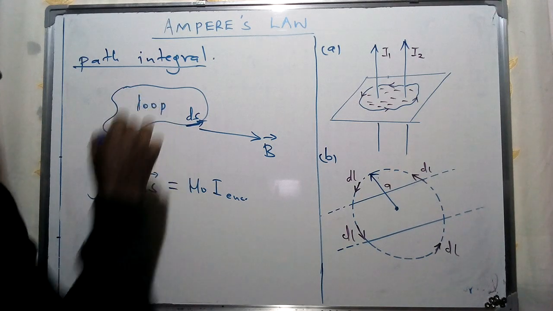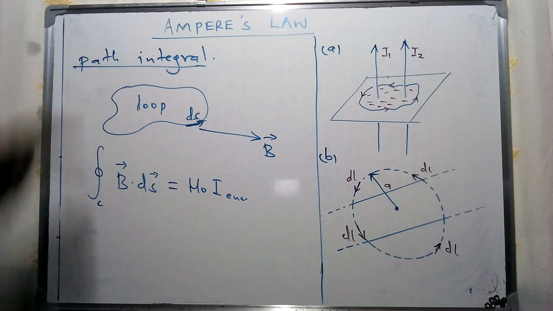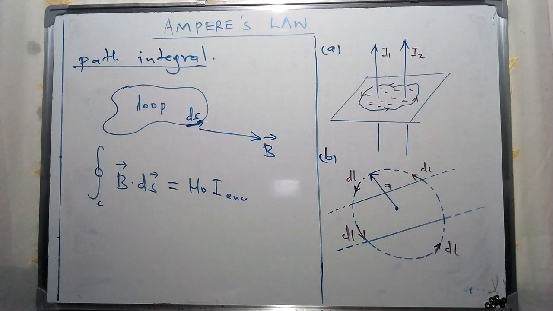So in summary form, we are going to borrow from the concept of a path integral in evaluating this aspect of Ampere's law, which is going to assist us to find the magnetic field I've given in this case.